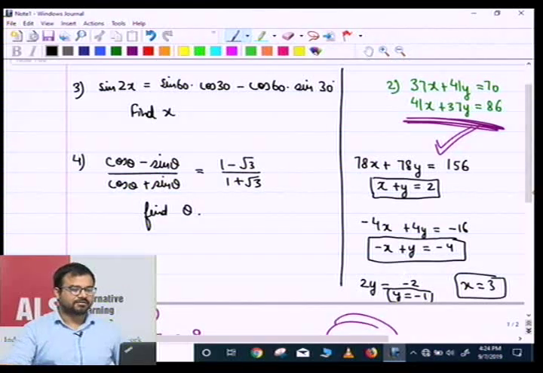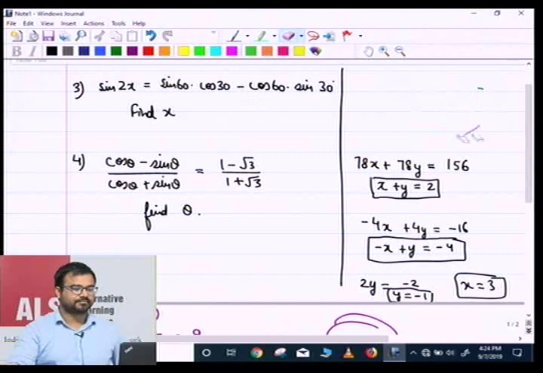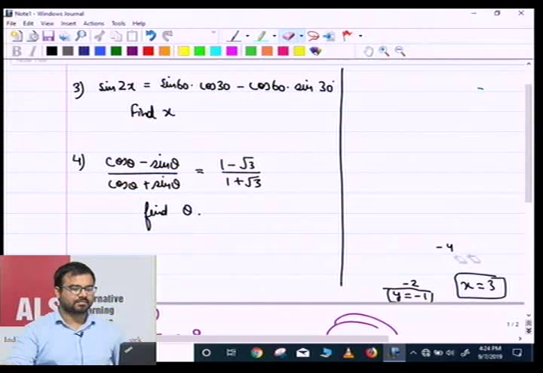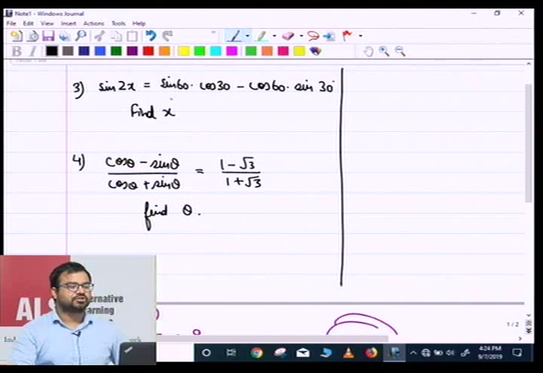Okay, so next one, question number 3. This is the question. What we have to do is just substitute the values.